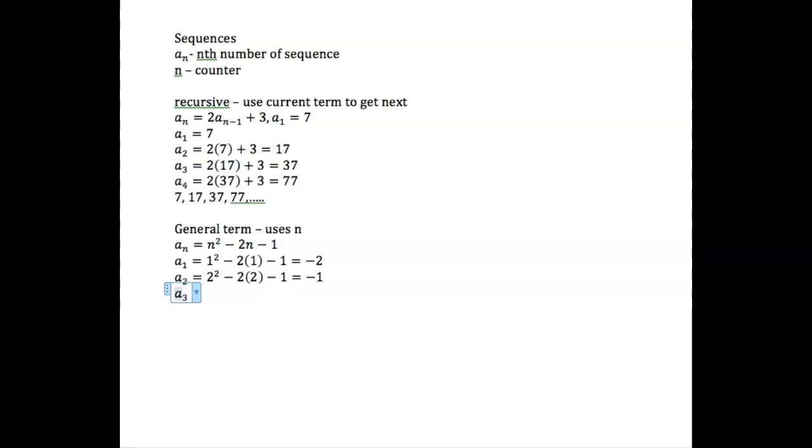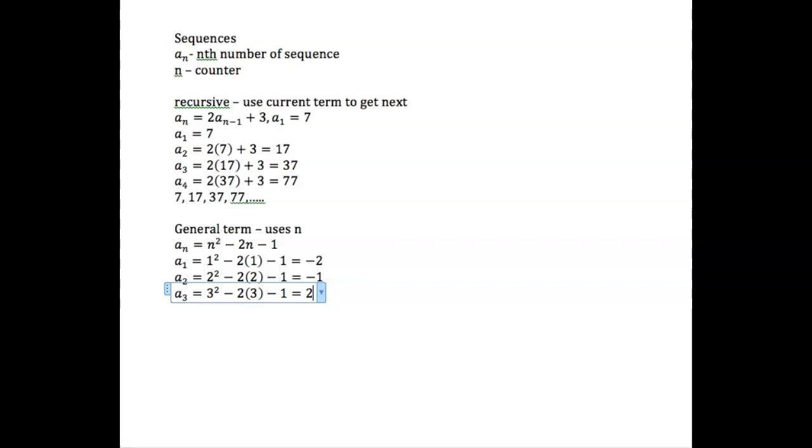Okay, a3, the third term in this sequence, I'm going to get by replacing the n's with 3's, exactly like you would in a function. So I'm going to have 3 squared minus 2 times 3 minus 1, which is 9 minus 6, I'm down to 3, minus 1 is 2. So there are the first 3 terms of my sequence: negative 2, negative 1, 2.